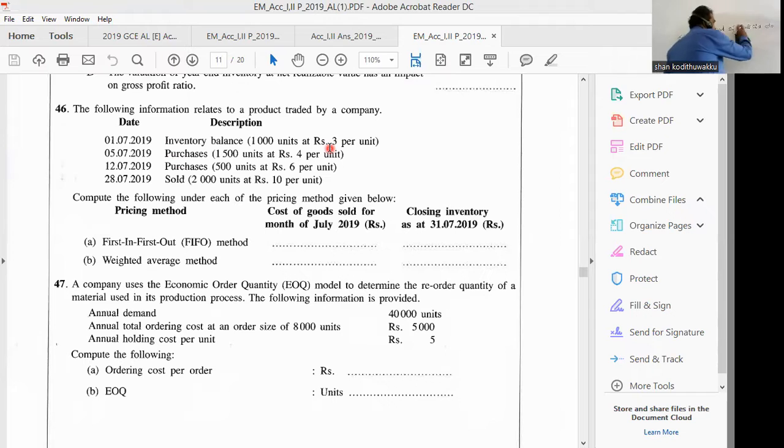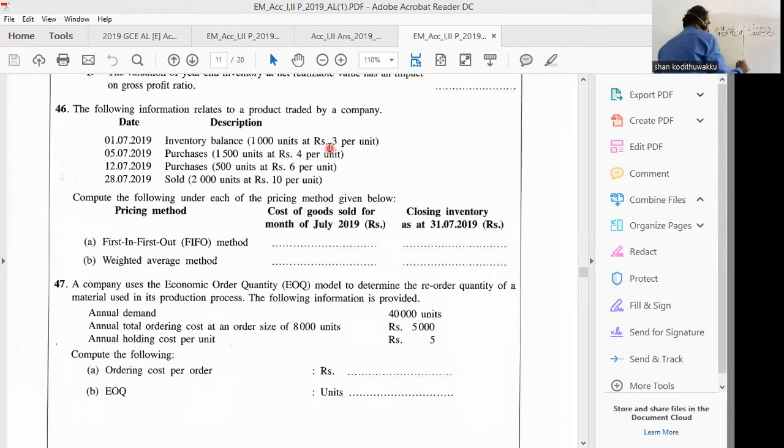We can manage the space: cost of goods sold and closing inventory.